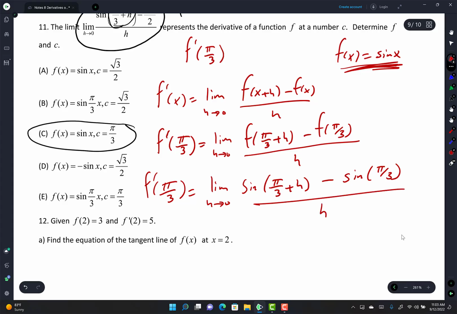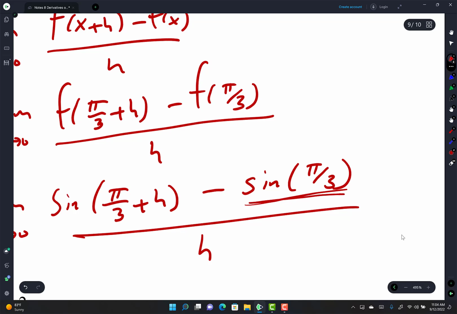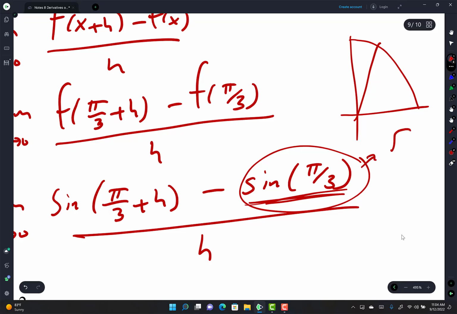Do you guys agree? So far, you agree? Okay, it's okay if you don't. We just started today. We need more practice. This sine of pi over 3 is a number. On the unit circle, perfect, pi over 3 is at 60 degrees. It's a y value. This is square root of 3 over 2.